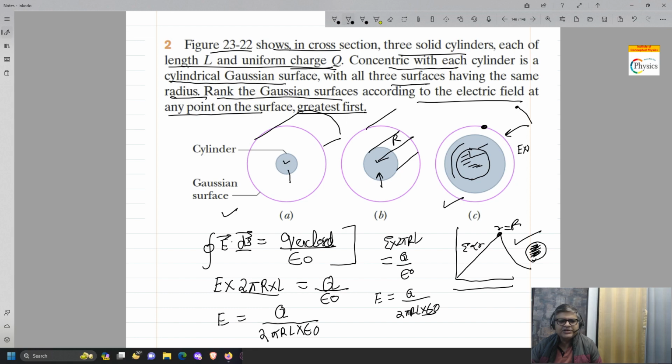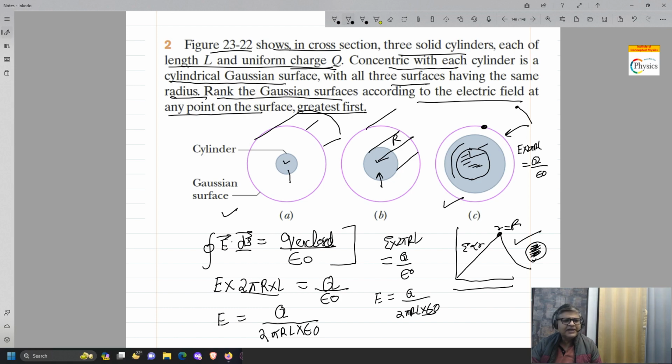E times 2 pi r L is equal to Q upon permittivity. There is no difference in the charge enclosed, and that is the spirit of Gauss's law. The question is trying to mislead you and take you on a different tangent by giving you different sizes of the charge inside. There is no mention of the density, nothing. It's equal charge. The Gaussian surface's curved surface area is identical.